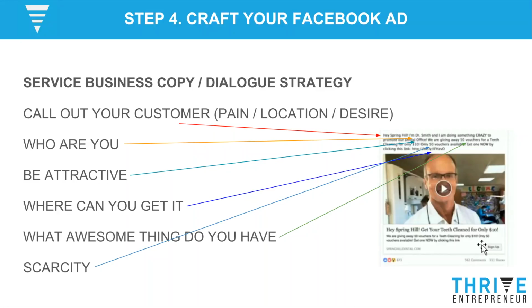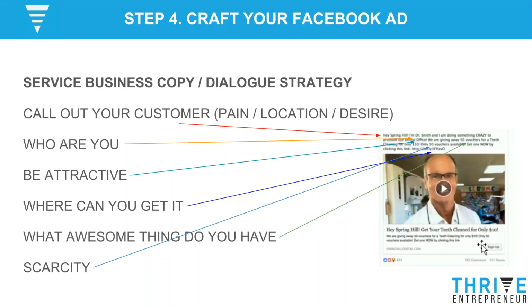So this is an example of the copy that you might put together for the crazy discount funnel. Here's a strategy called the dialogue strategy, where you're having a conversation with the person who's reading it.